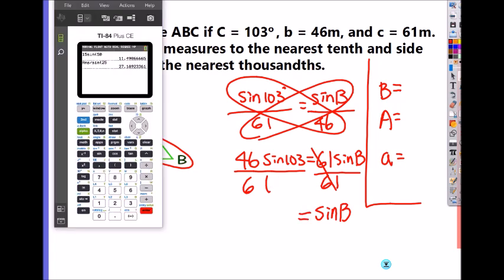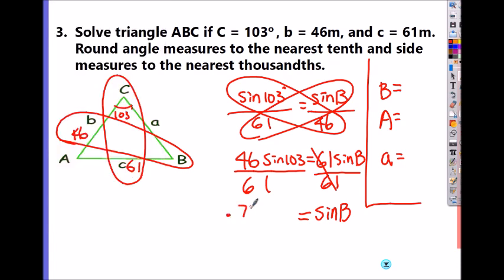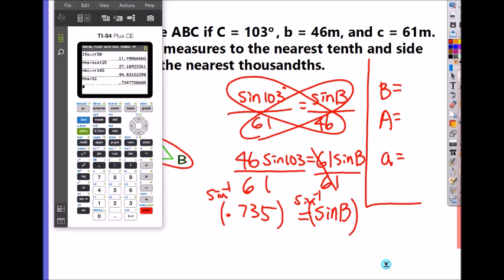next step. So 46 sine of 103, press enter. Divide by 61. Gives me 0.735. I'm going to round this answer, but when you actually take the inverse of sine, I'm going to use the exact answer. So what do?